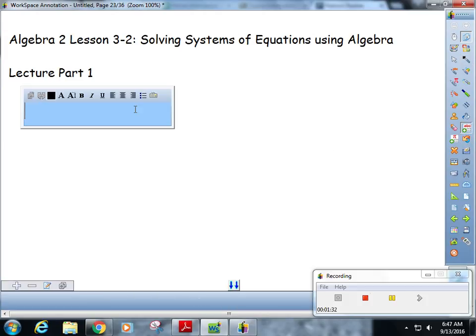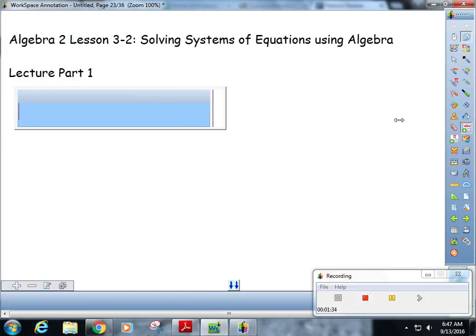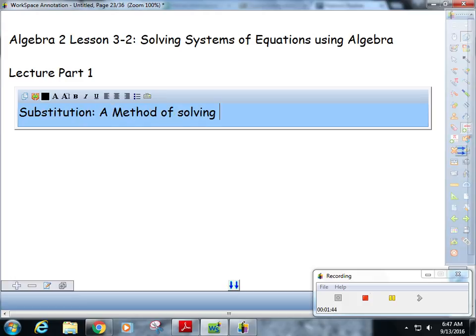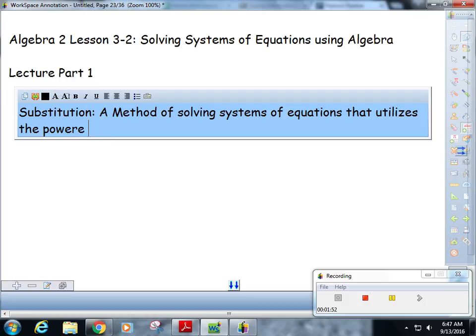Okay? So today, we're going to use the substitution method. And that is a method of solving systems of equations that utilizes the power of the equal sign.